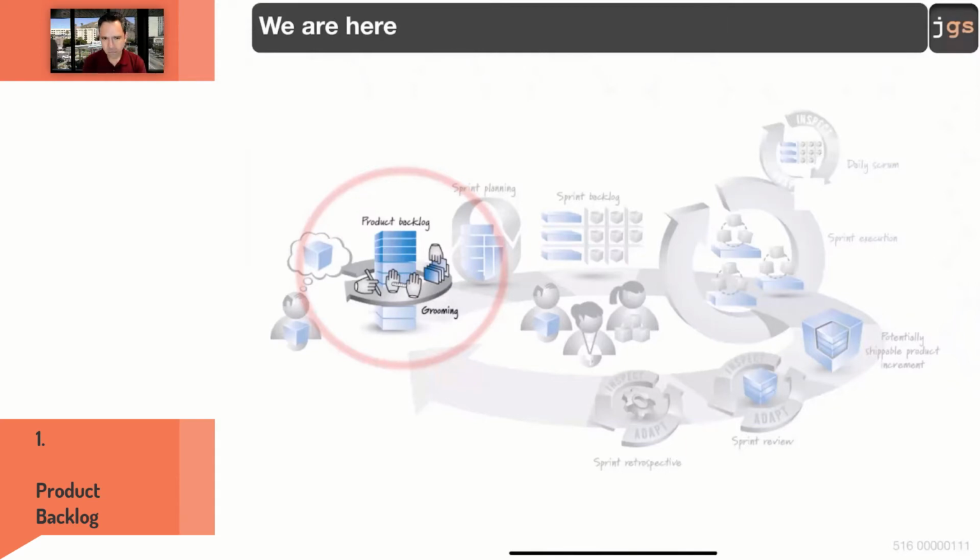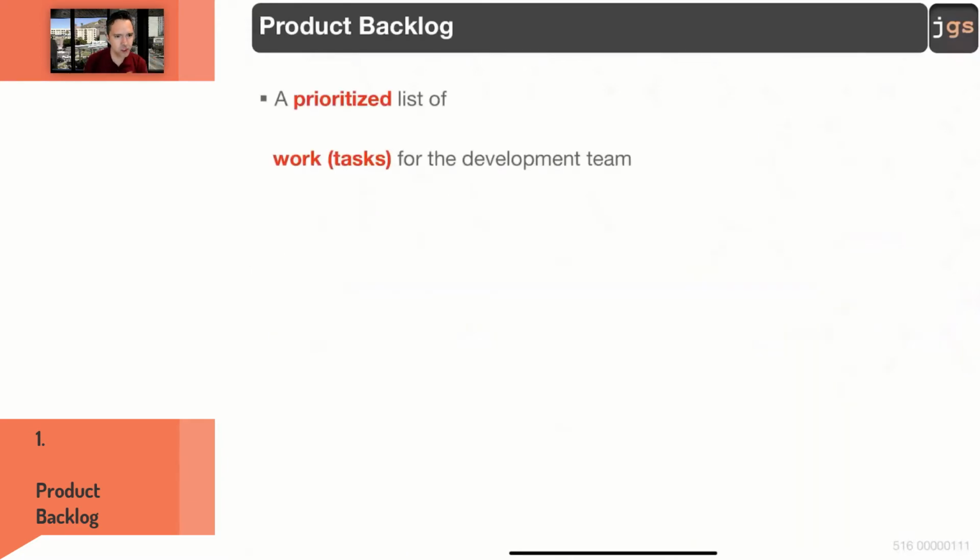Now, those are not the only things that you put in the product backlog. A lot of you asked me about this before. What happens with all the things that we need to do that are related to the project, but are not requirements?